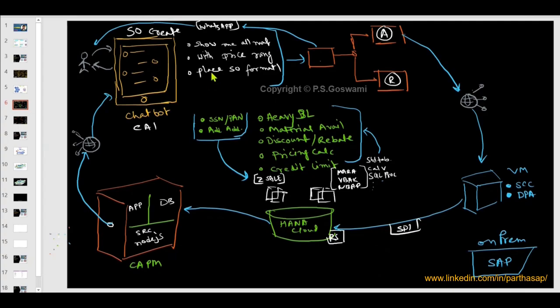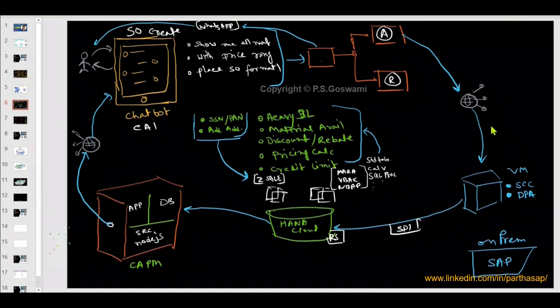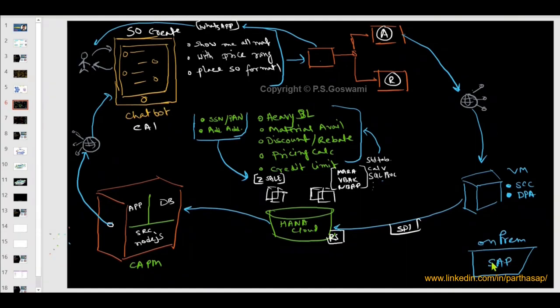But in the real world scenario, maybe you will not create the sales order directly from your end user application and sit in your on-prem application, because maybe you are a big company and you are processing thousands or maybe sometimes millions of sales orders.